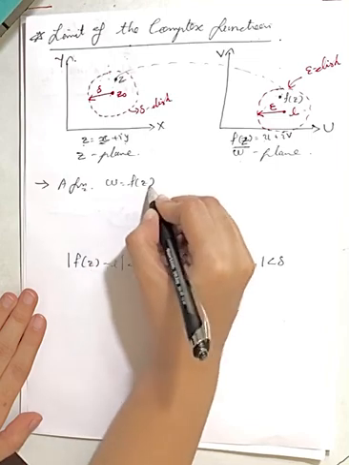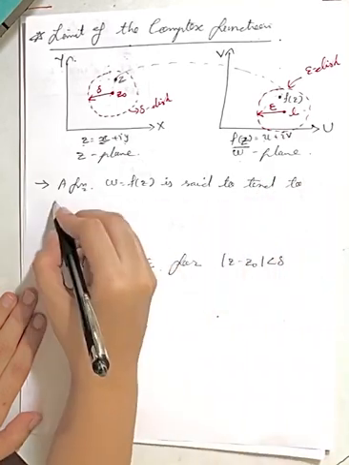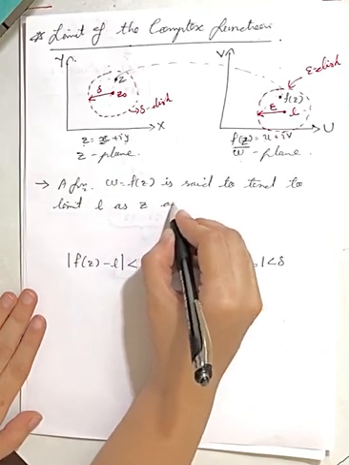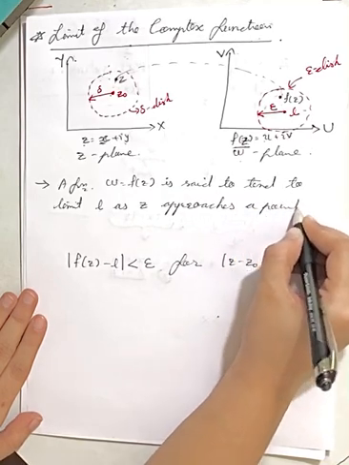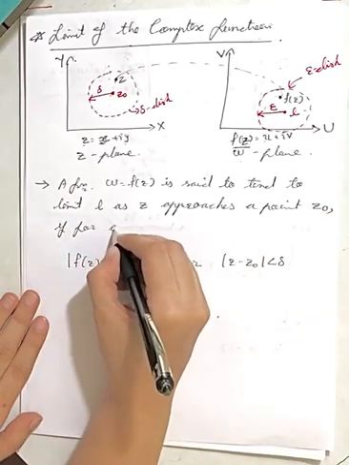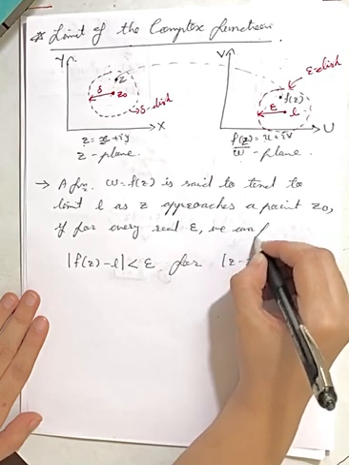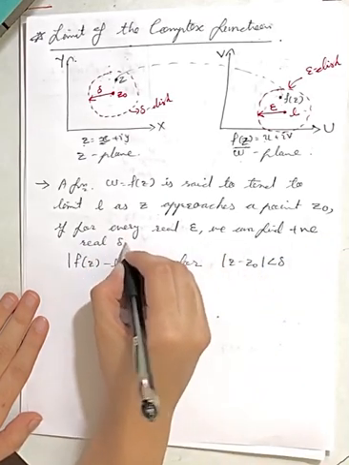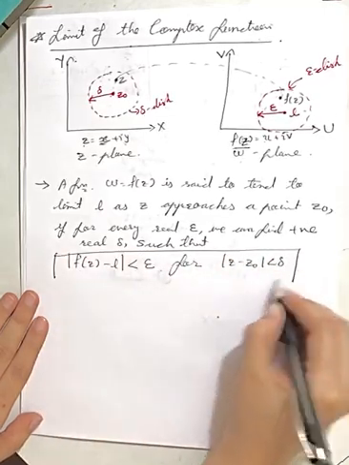So a function w equals f of z is said to tend to limit L as z approaches a point z0 if for every real epsilon we can find a positive real delta such that this condition is satisfied.